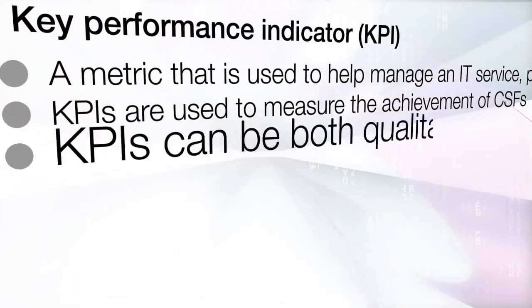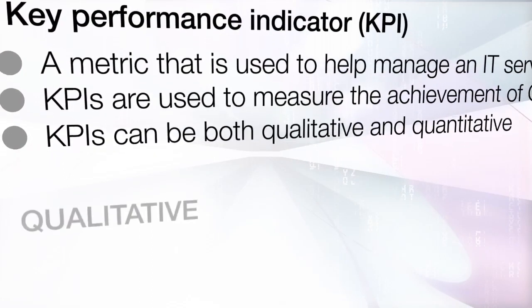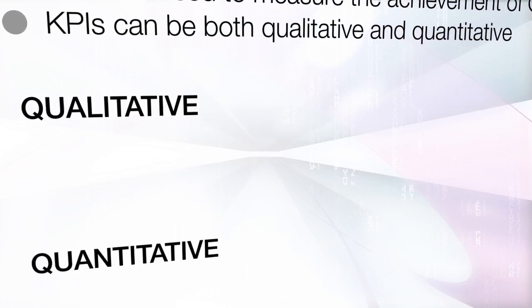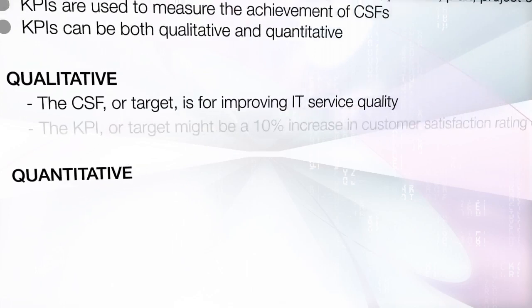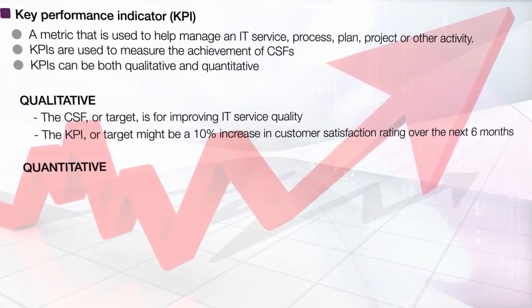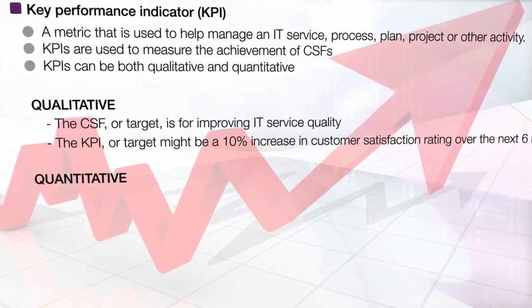There are two basic kinds of KPI which would be of use to a provider, namely qualitative and quantitative. A qualitative example may be built up as follows. The critical success factor or target is for improving IT service quality. The key performance indicator or target might be a 10% increase in customer satisfaction rating for handling incidents over the next 6 months.